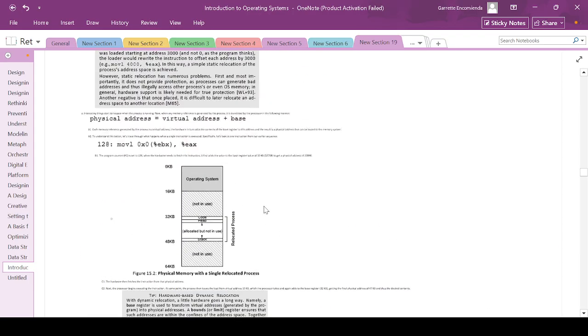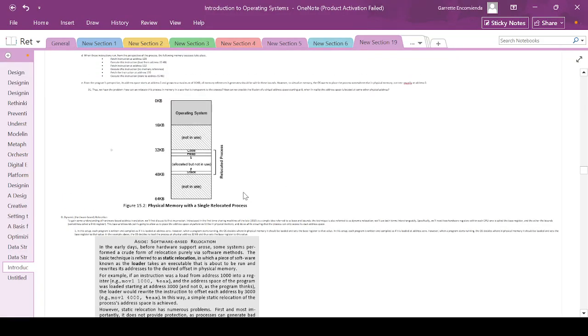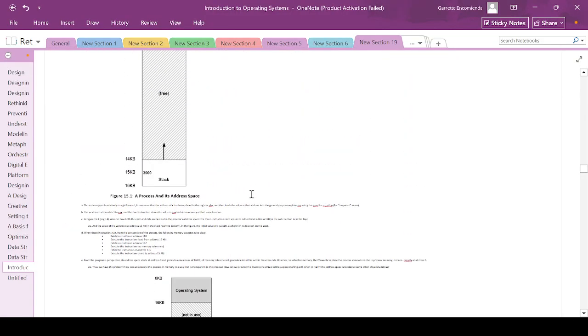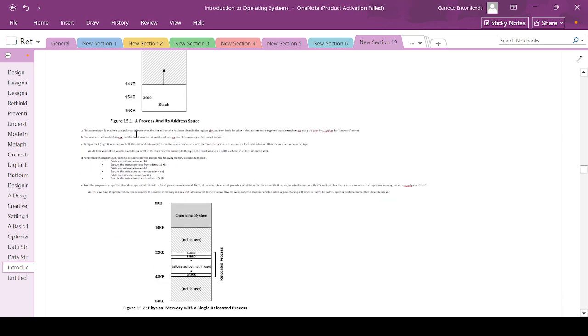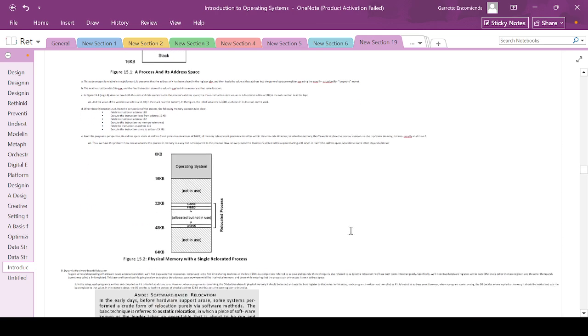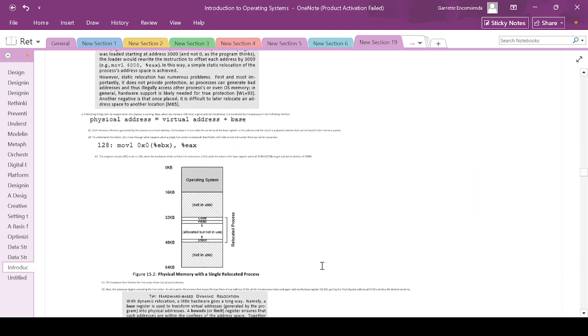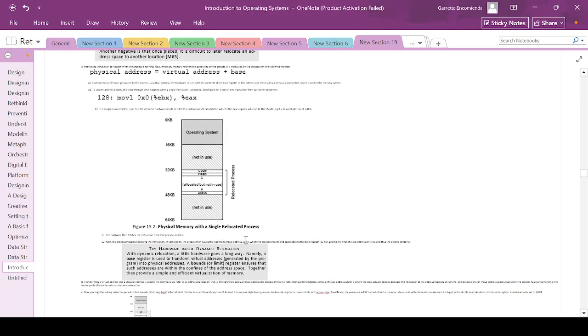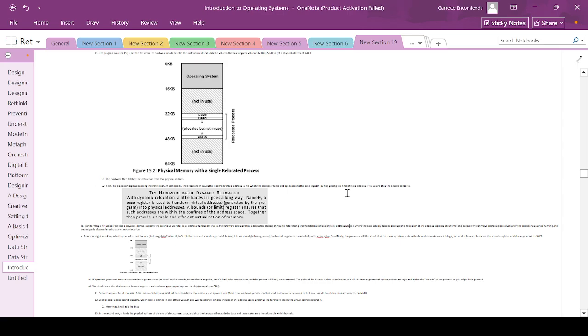Again, the stack is 2 kilobytes in size, so 14 kilobytes, 15, 16. Since it's 15 kilobytes, we add that to the 32 kilobytes, giving 47 kilobytes and the desired contents in the actual physical memory.